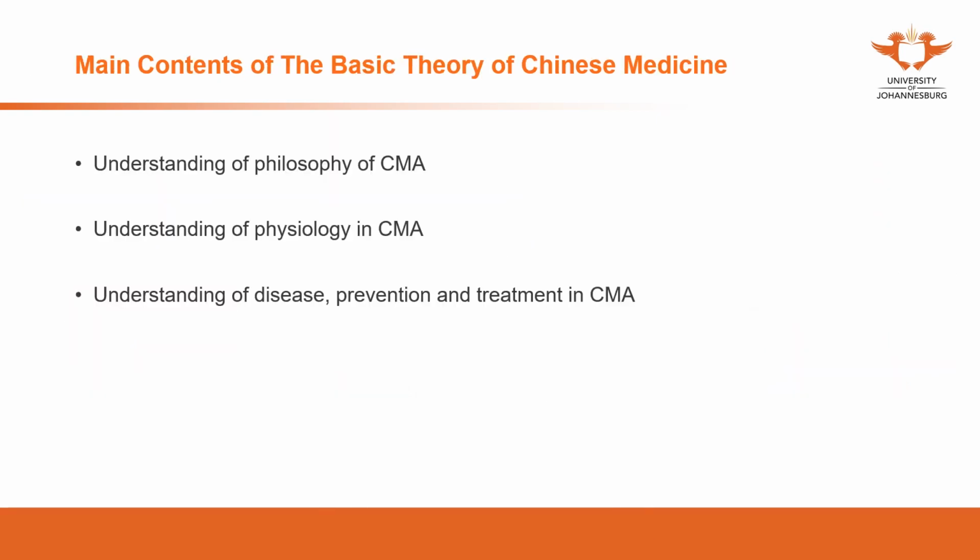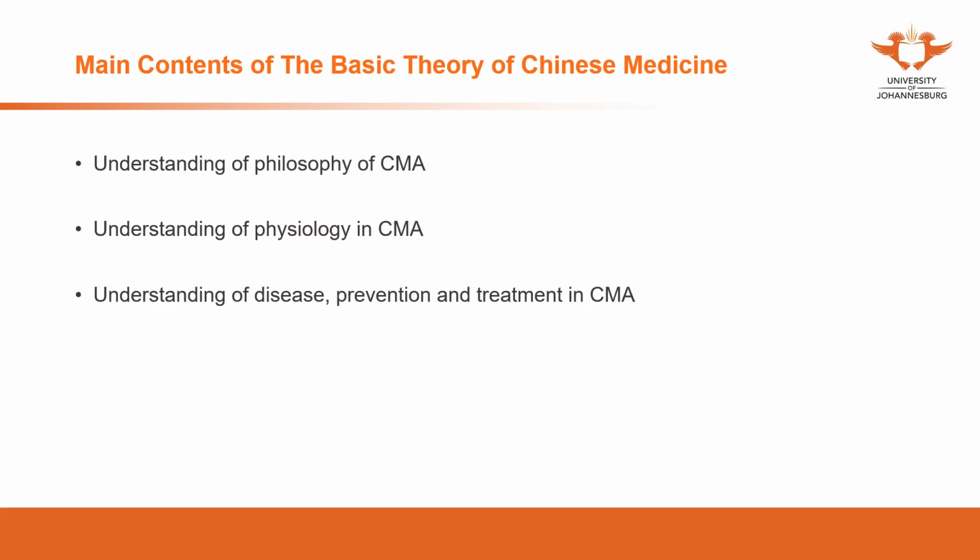So in these few videos, we have discussed the general introduction of the basic theories of Chinese medicine, and the main content of the basic theories we're going to study in this discipline is to understand the philosophies we use in Chinese medicine. What are the yin and yang theories?